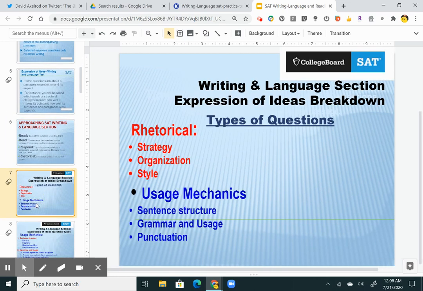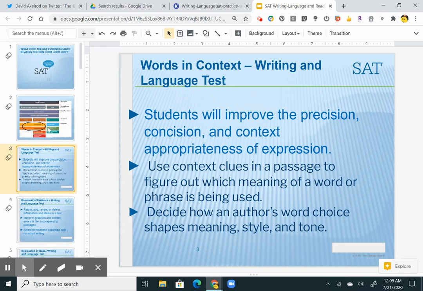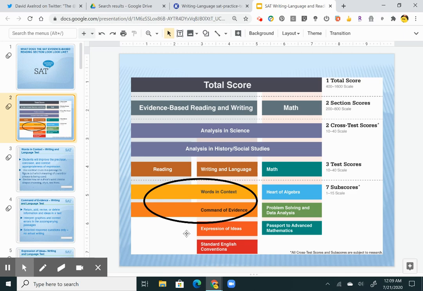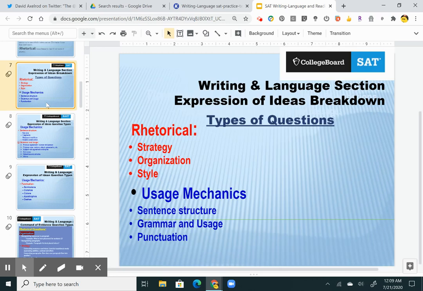So let's look at some of the skills and take a further breakdown. I gave you a very general, high-level overview: words in context, command of evidence, expression of ideas. And again, what do those mean? Let's look at this in a little more detail. Rhetorical: strategy, organization, style, types of questions.